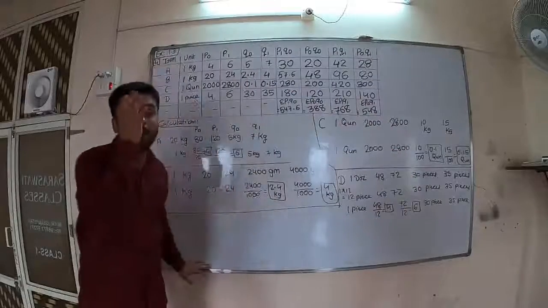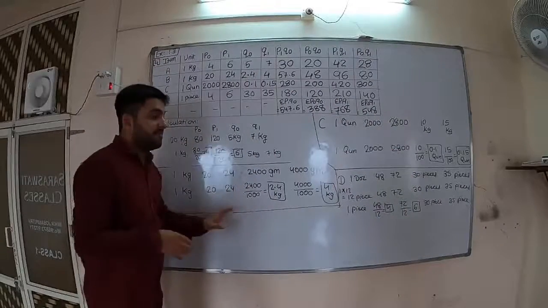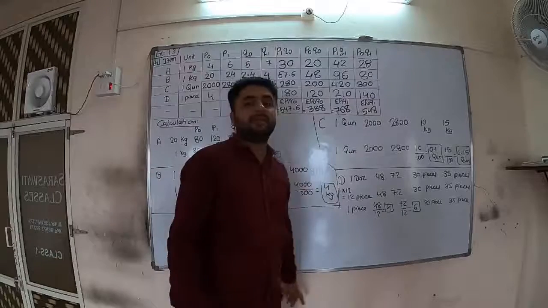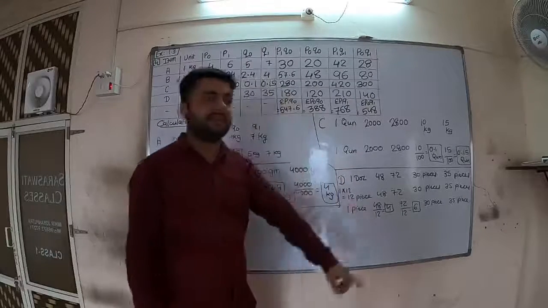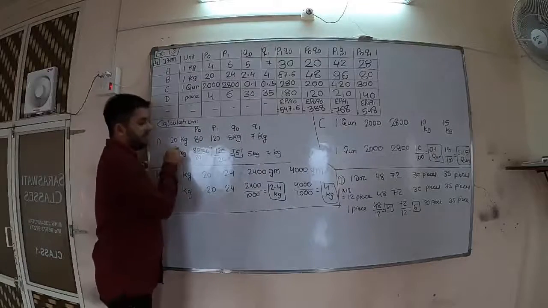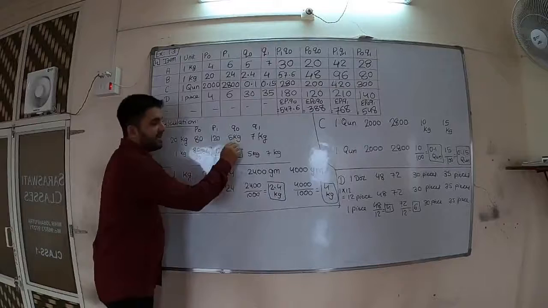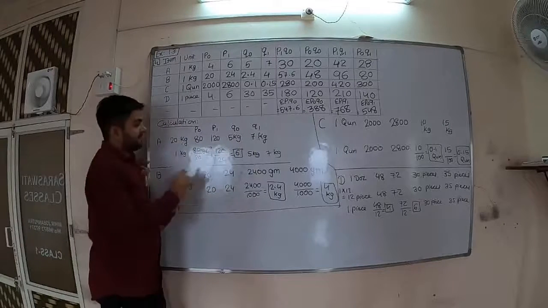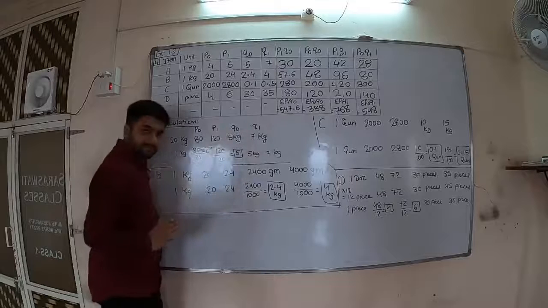See friends, how long is this sum? So before rubbing this again, I am explaining the things. Please be attentive. Okay, for item A, what is given? 20 kg, 80, 120, 5 kg, 7 kg. Horizontally the units are the same, see kg, kg, kg.